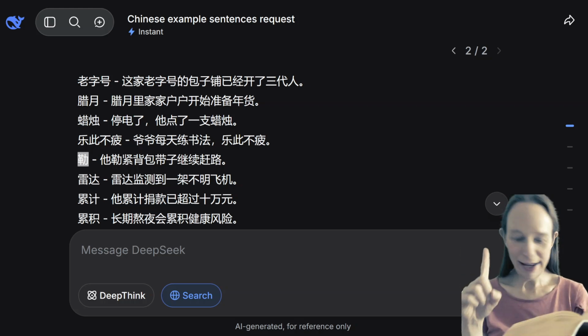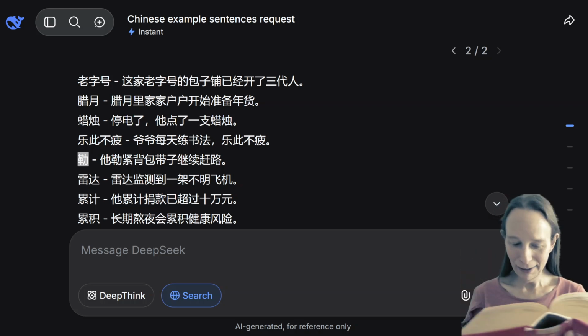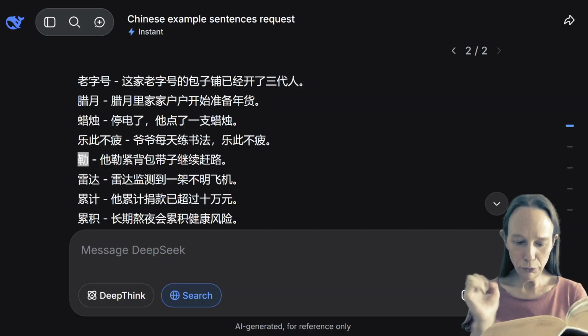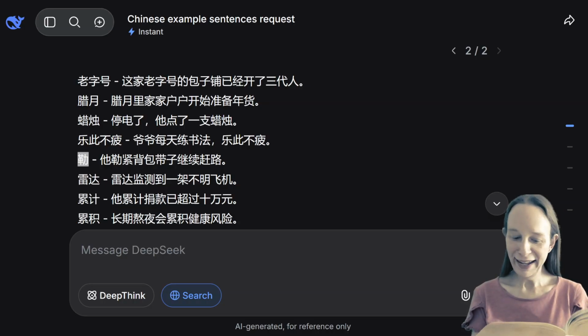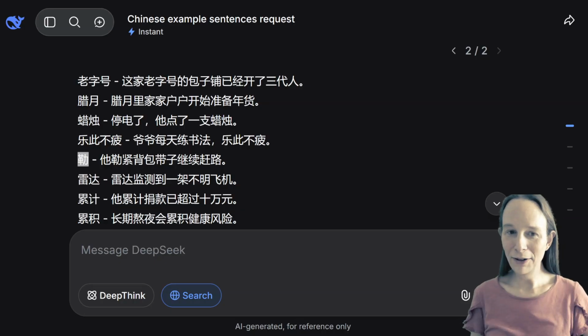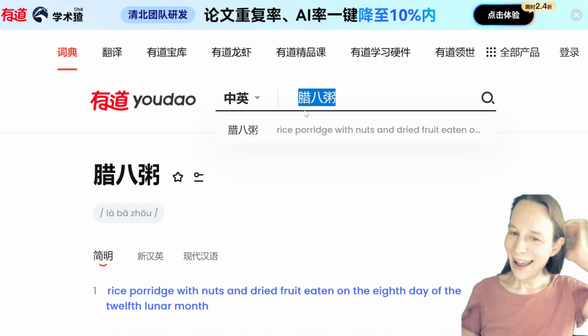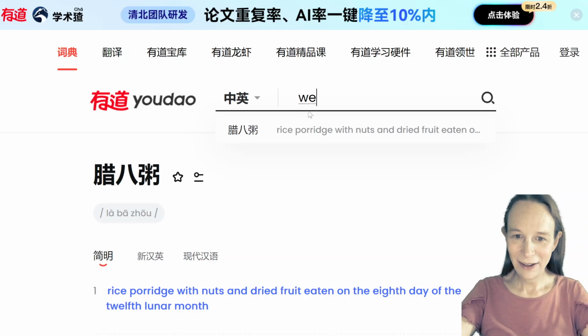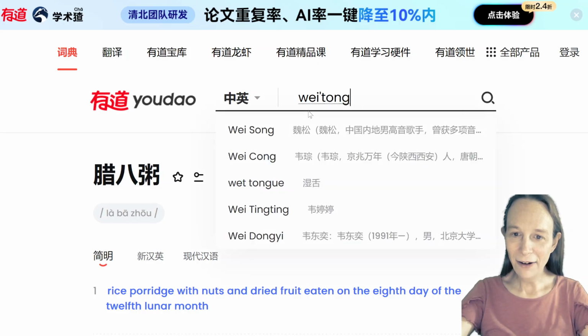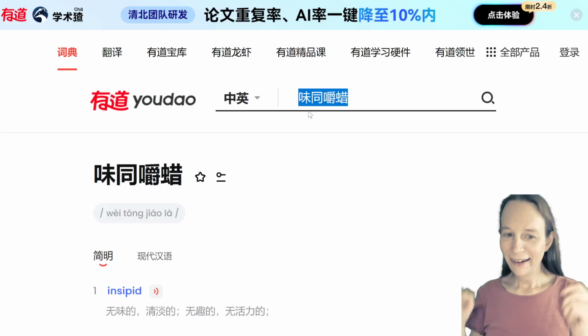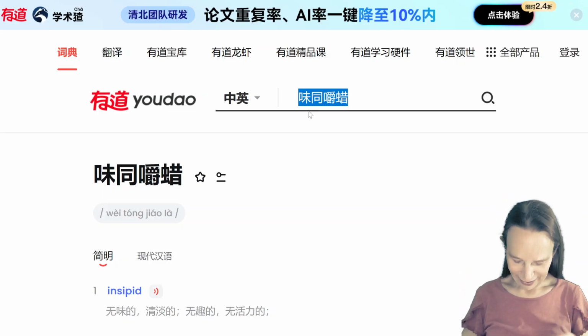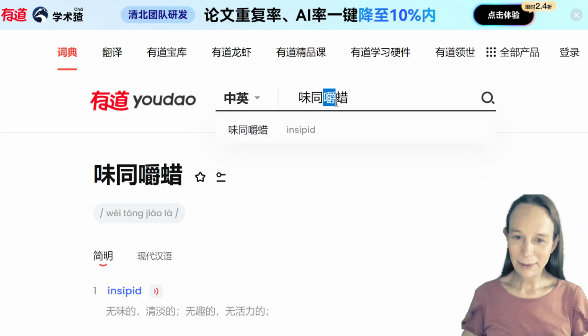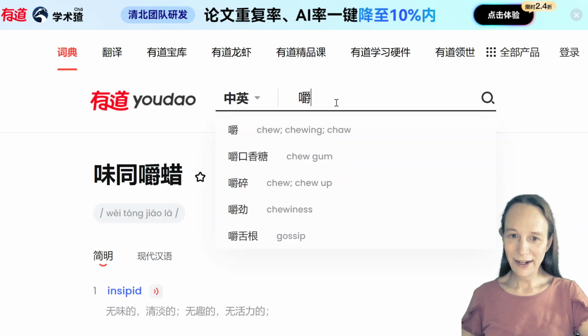Okay, so definition number 1 for the character, le. 套在牲口头上，带嚼子的龙头。Do you remember that chengyu I mentioned a moment ago? If we remember it, it was 味同嚼蜡. All right, 味同嚼蜡. So it's using this character, but in the word 嚼子.